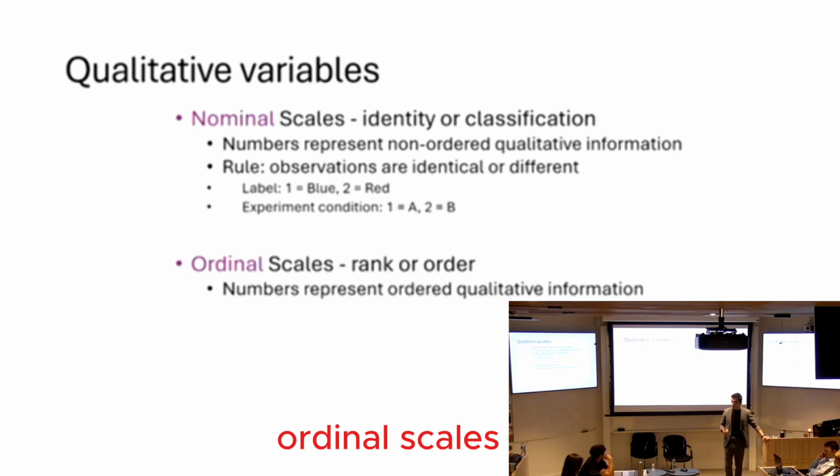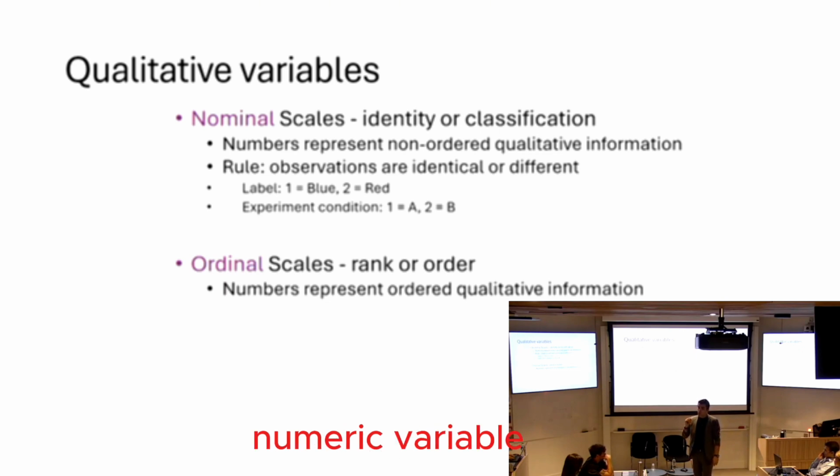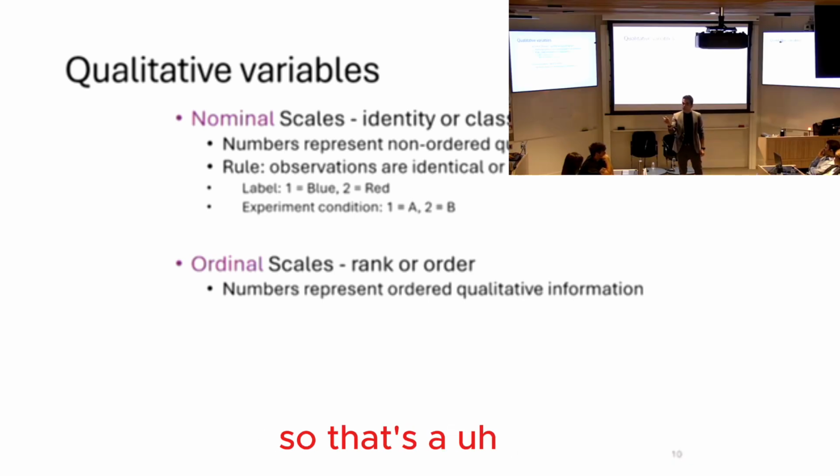Second one, ordinal scales. Most students have a hard time, especially with this scale. Why? You ask people about, for example, their education level, meaning the highest education they have received, or their age. Instead of asking a numeric variable, what is your age, you generally ask using brackets, like 18 to 25 or 25 to 35.